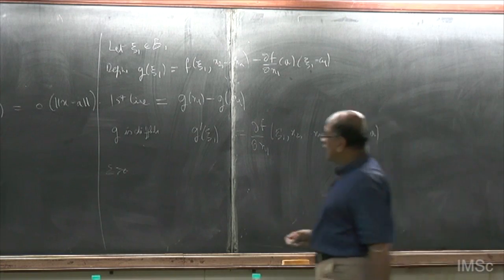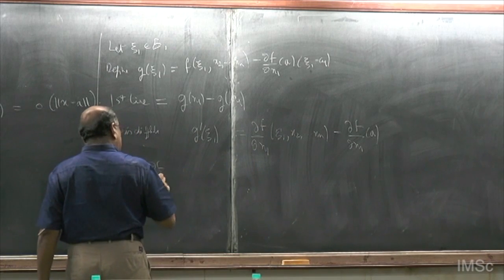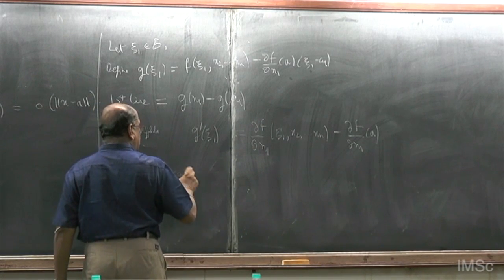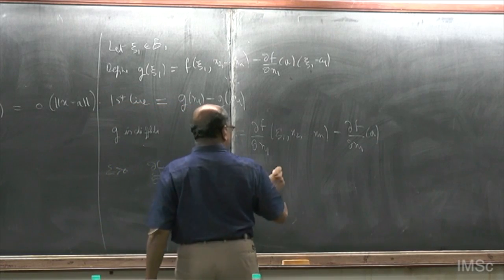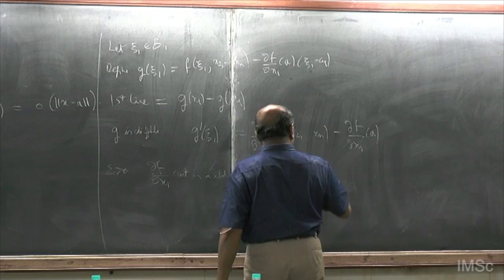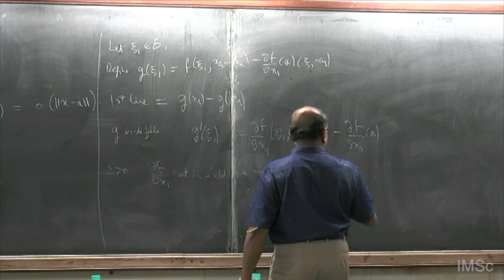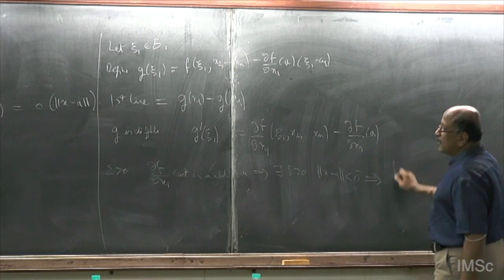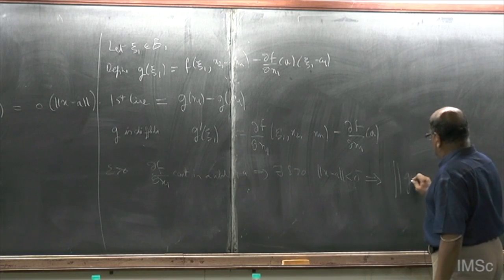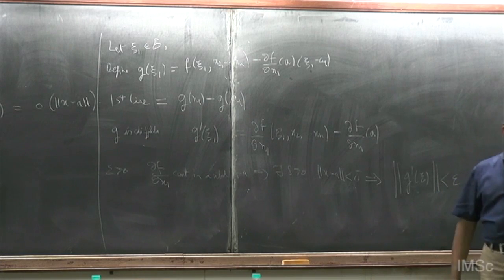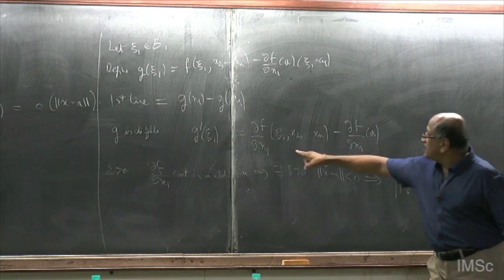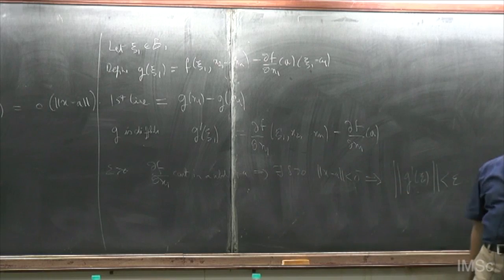That means df by dx1 is continuous in a neighborhood of a, which implies there exists a delta positive such that norm of x minus a less than delta implies norm of g dash xi is less than epsilon. g dash xi is just the difference of these two, just the definition of continuity.